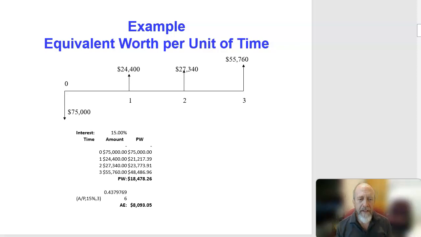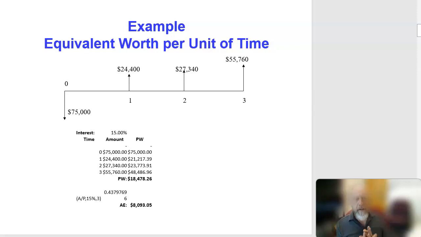A over P is not a fancy trick calculation, and figuring out the present worth of 3 different things at 3 different points in time, actually 4, because you got 1 at time 0, shouldn't be that hard for you. Now, we've got this as an annualized equivalent. So now let's look at what other basis we can look at these costs on, other than just annual.